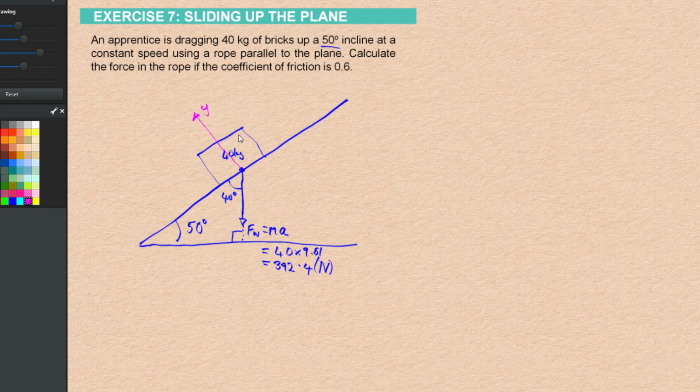I usually leave my y's positive, and because I did the x direction downwards last time, this time I'll do it up this way. It won't affect your final answer, aside from if you're defining whether or not things have a force, like calculating the force in the rope. It depends if it's moving in that direction or in the negative x direction. It's only going to change the sign.